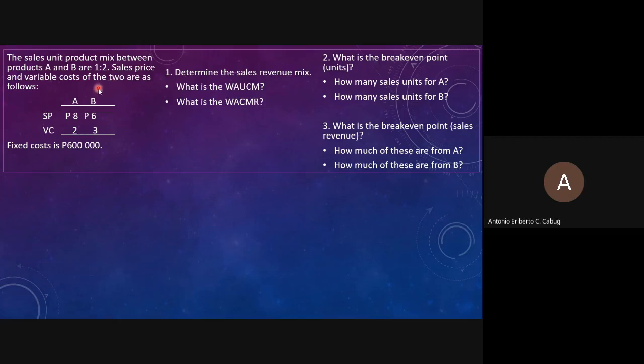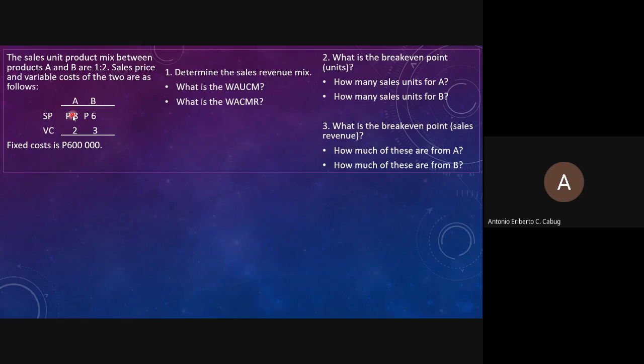Sales price and variable costs of the two are as follows. Dalawa yung product, A and B. The ratio of the unit product mix, 1:2. 1A to 2B. Tuwing nakakabenta ka ng 3, every time you sell 3, one of them is A, two of them is B.